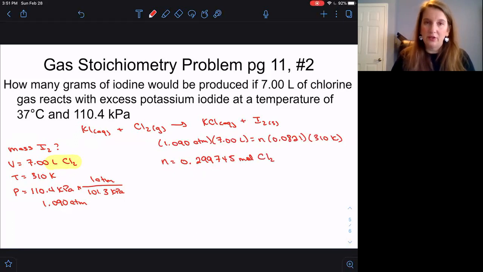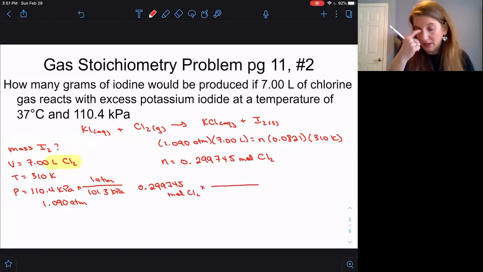And we're not looking for the grams of Cl2, we're looking for the mass of iodine. So we need to use stoichiometry to convert from this many moles of Cl2 into grams of solid iodine. So we've got to use our mole ratio down here, and I never balanced the reaction, forgot to do that.